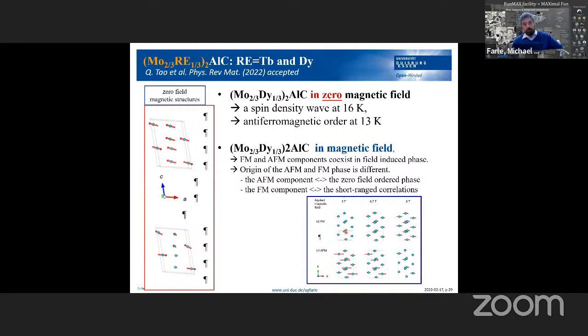And certainly this is all happening below 30 Kelvin. So you see here we have a spin density wave at 16 Kelvin, antiferromagnetic order at 13 Kelvin. Well, for applications in real life, except in space, we need room temperature at least. So many colleagues are working on that.